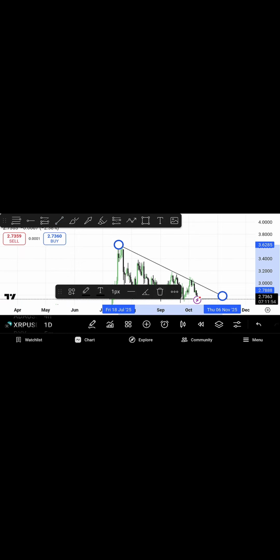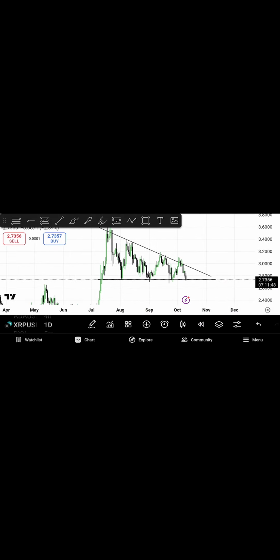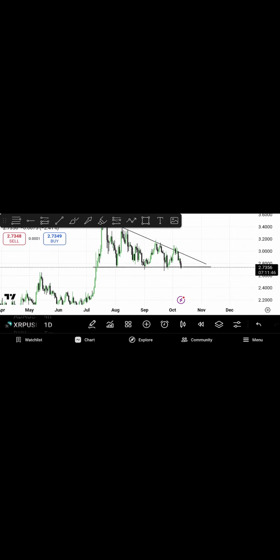It might give you a possible continuation of the bullish trend from here. So you see, this is a bullish wedge.